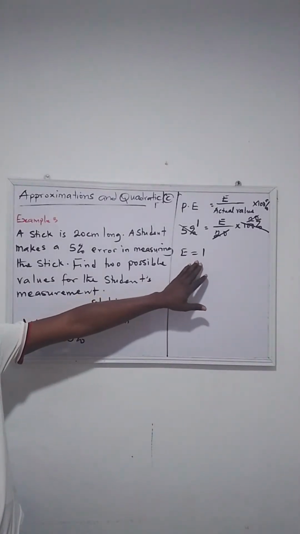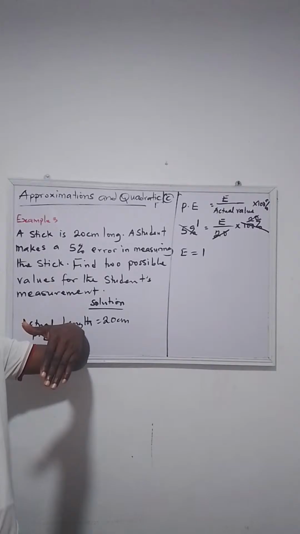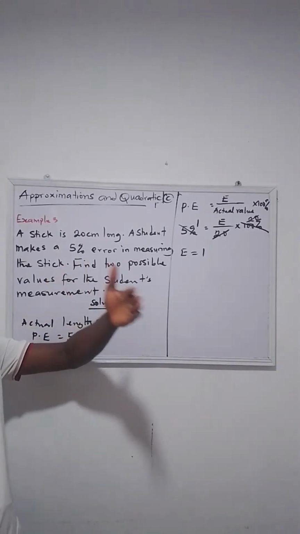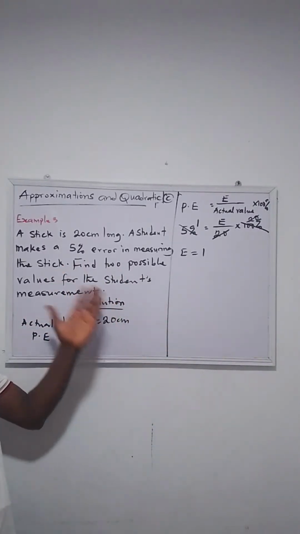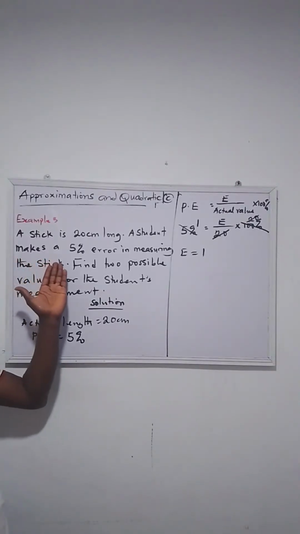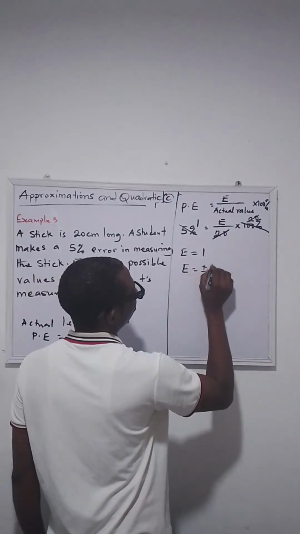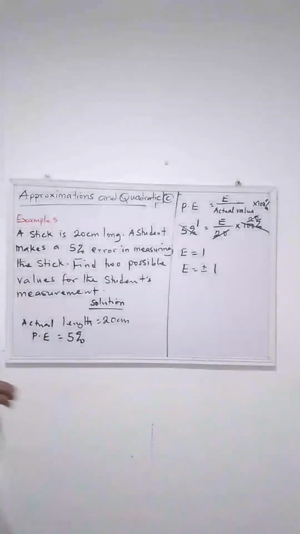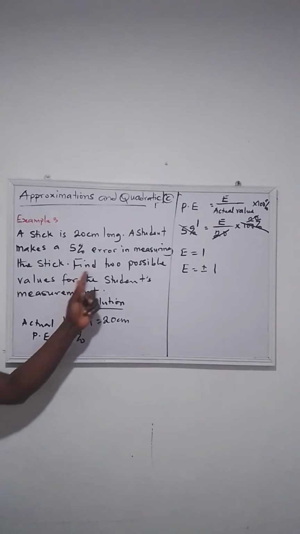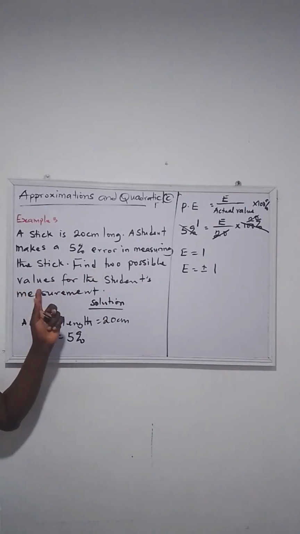So you can either overestimate or you underestimate. So the error made by the student, that means error will be plus or minus 1 and not just 1. Because we actually want to get the two possible values.